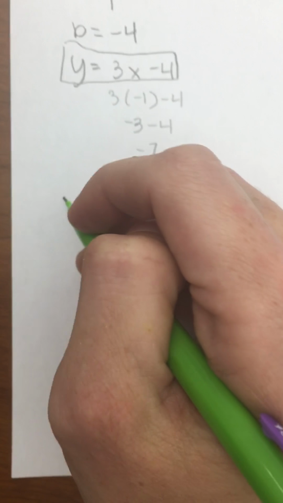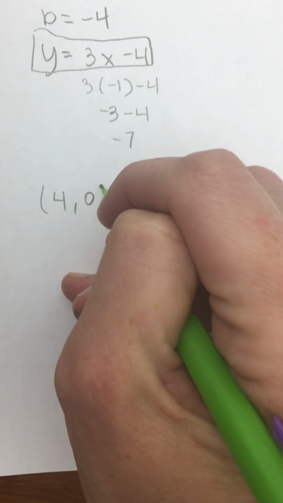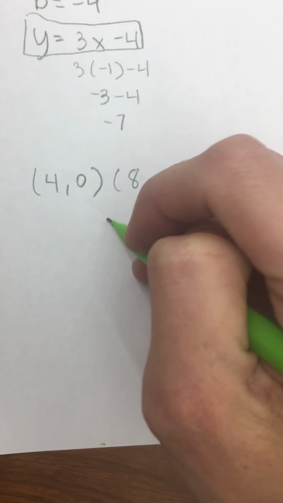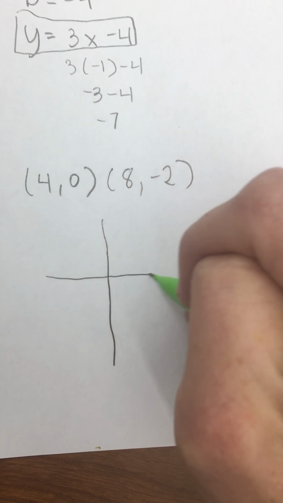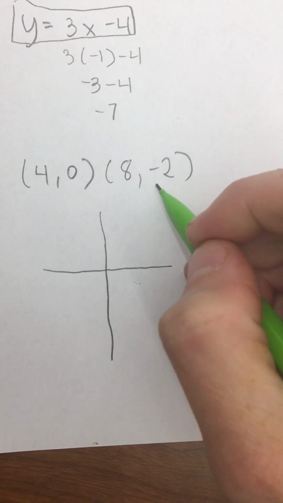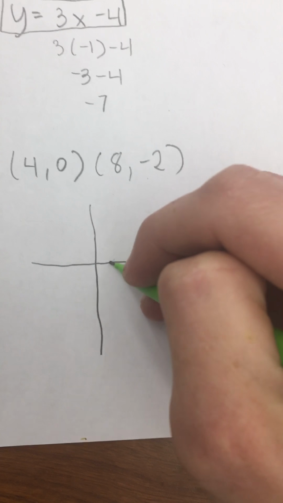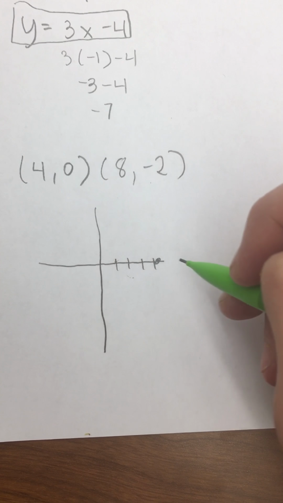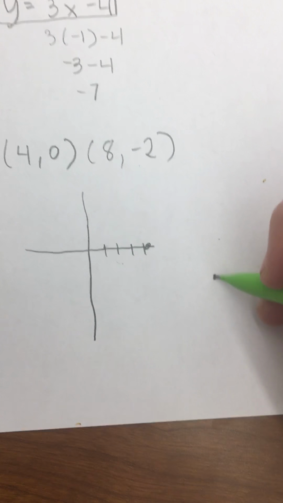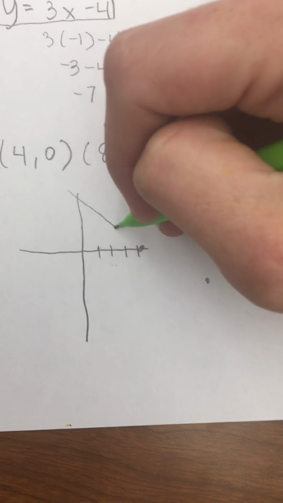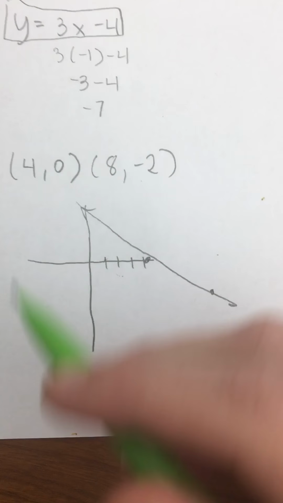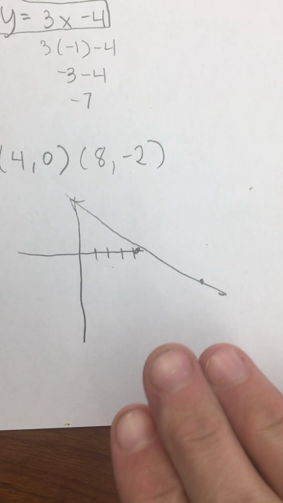Imagine for a moment that I gave you the points 4, 0 and 8, -2, and I asked you to create a line that passes through these points. So you have 4, 0 and at 8, -2, so over 8 down 2, and I'm writing the equation that is developed by that.